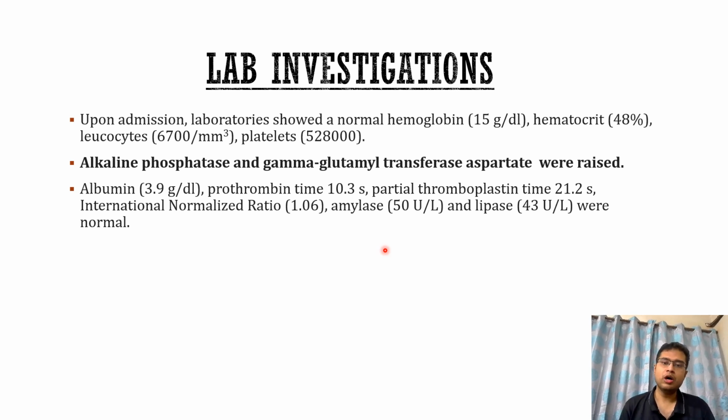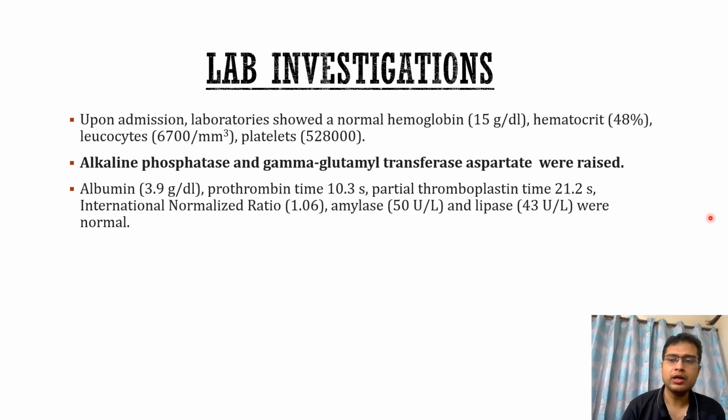So now we have ruled out peritonitis, cholecystitis, as well as pancreatitis as a cause. So what else do we think of now in the differentials? So still possibility of cholelithiasis or choledocholithiasis is there now clinically.